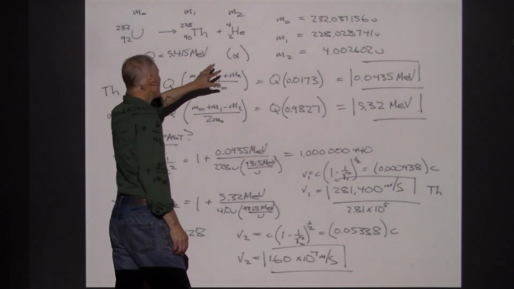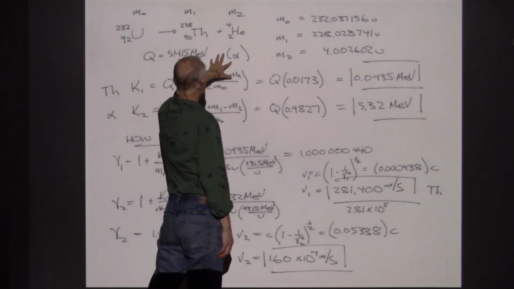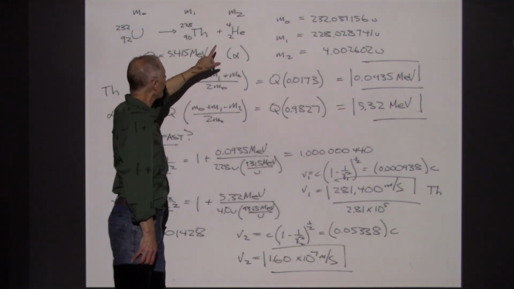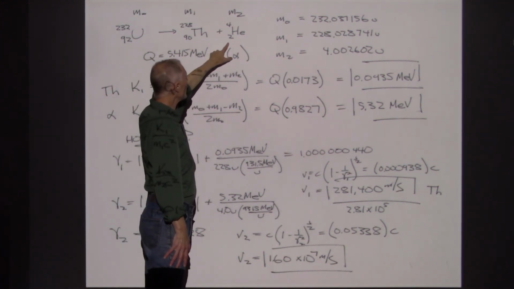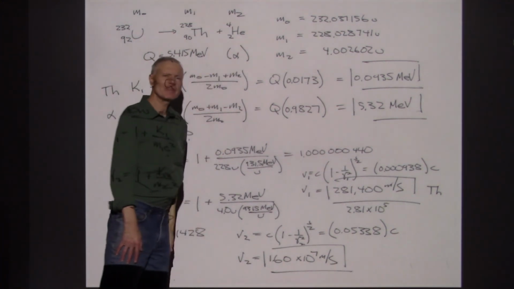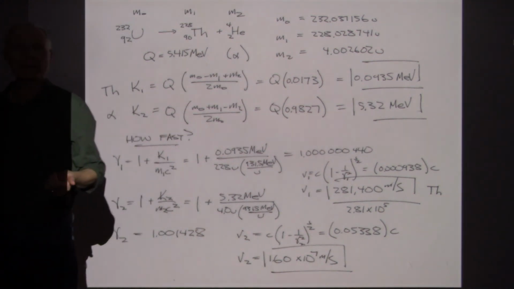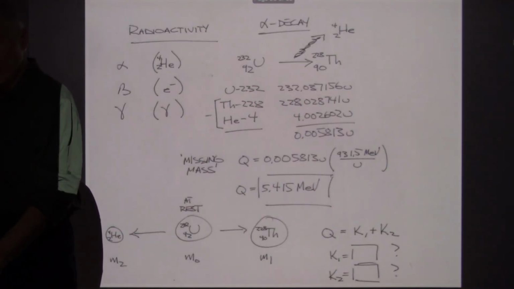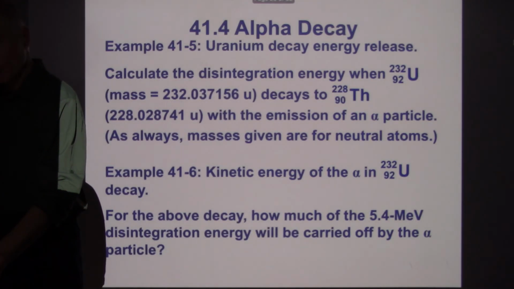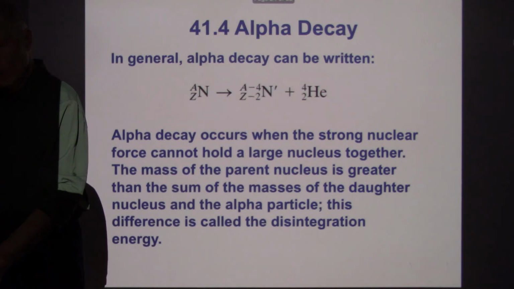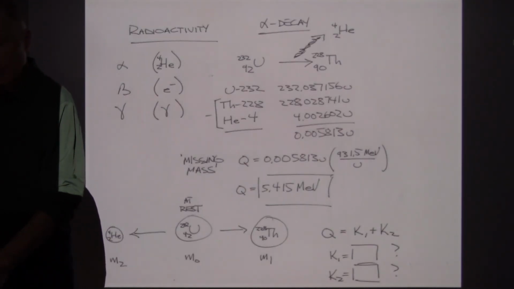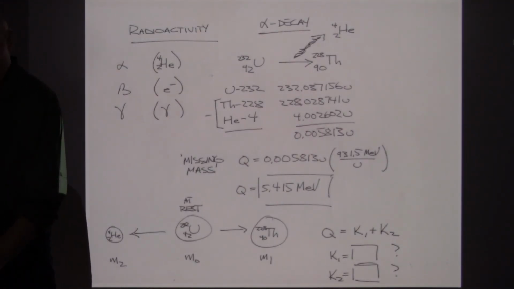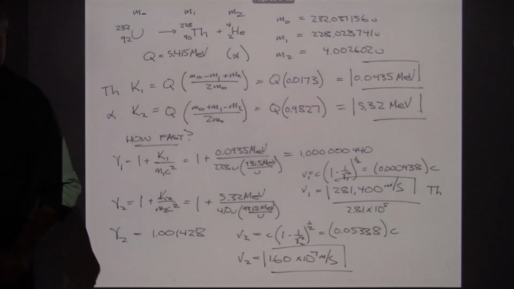Now, something that came up, I didn't quite address this earlier. Why are we treating the alpha particle as if it has electrons attached? That's not quite correct. Well, the reason that we're doing that in these kind of decays is because when we have a reaction, actually the page I was on is probably the best one to look at.